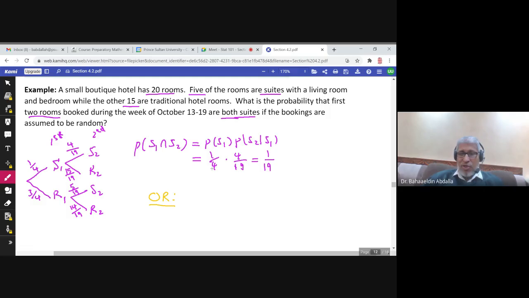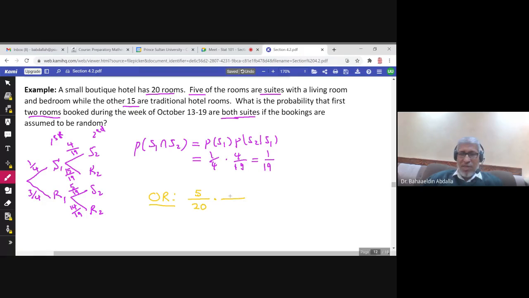But here, if you want just to answer the question without graphing or a tree diagram, you can think of the question simply like this. Both are suits. So you think of the first room. What is the probability that the first room is a suite? How many rooms do I have? 20. And how many S are there? 5. So this is the probability that the first room is S, multiplied by the second room.